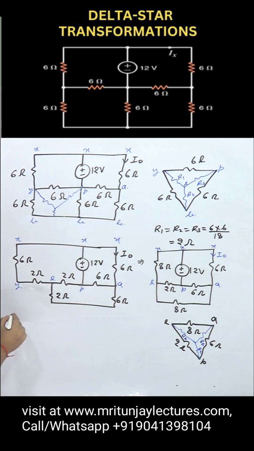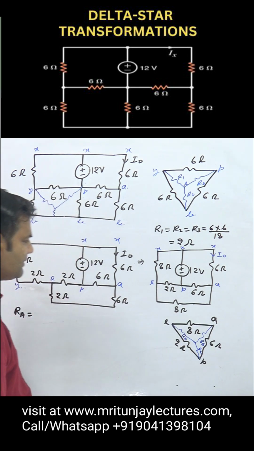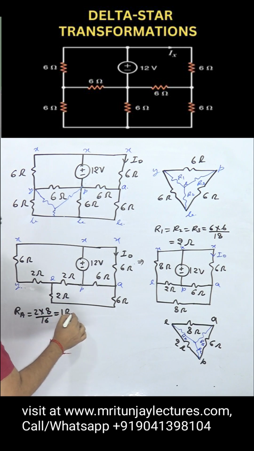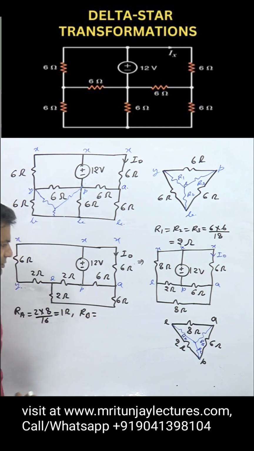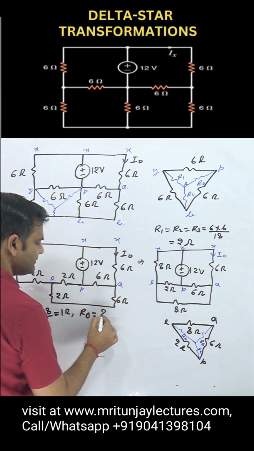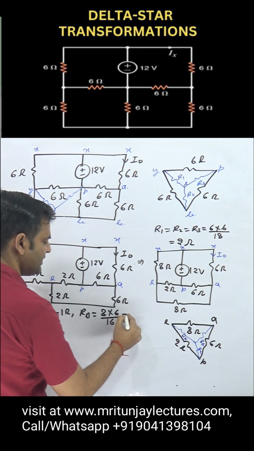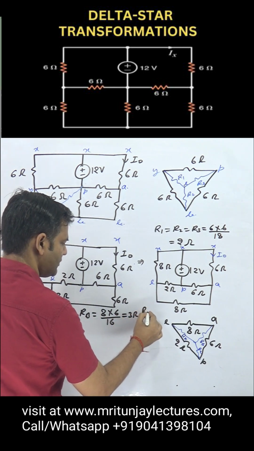So what about RA? RA is written as 2 into 8 divided by 16. That is 1 ohm. RB is equal to 8 into 6 divided by 16. That is 3 ohm. And what about RC?